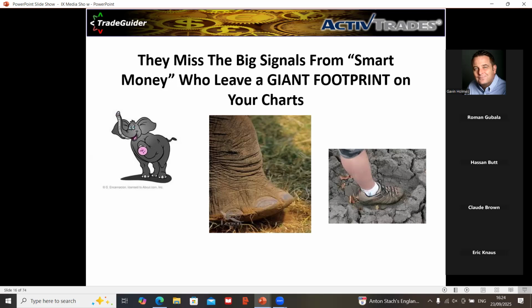I've got a lovely garden, and if an elephant came across my garden, it had to have escaped from the zoo, because we don't have wild elephants in Sandbanks. It doesn't happen. But the point is, it's left a footprint, as you can see here. Now, I'm going to show you on the chart how you can read that footprint.